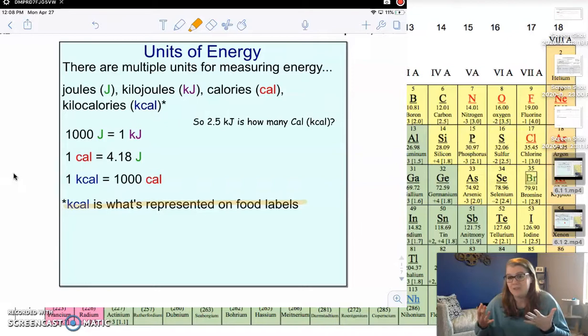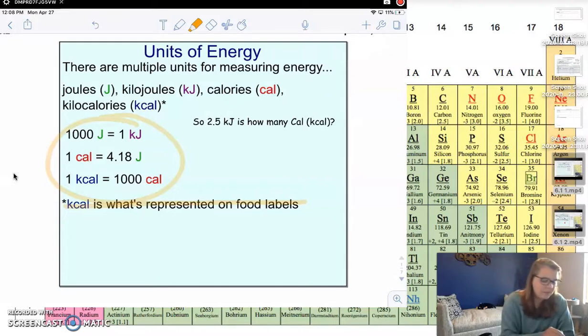Fun fact. So, to keep in mind how we're going to convert between all these different units of energy: in different circumstances, one unit may be more appropriate than another, so you need to feel comfortable converting between them. For example, there's 1,000 joules in a kilojoule, just like there's 1,000 meters in a kilometer. There's 1,000 calories in a kilocalorie, same thing.